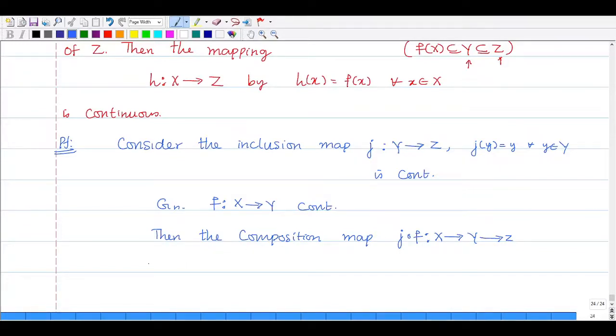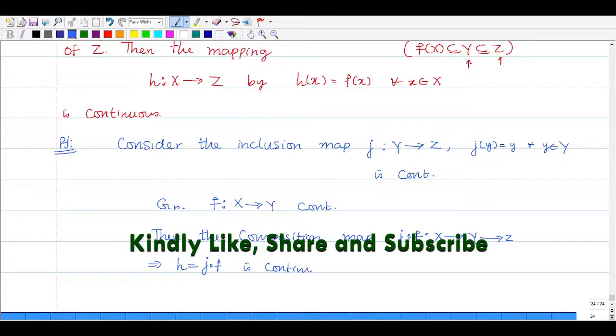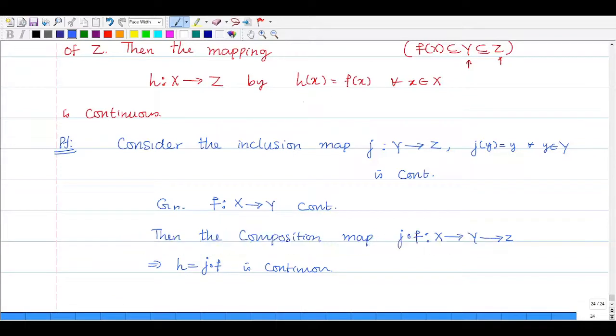Okay, so this is nothing but h. Then this implies that h which is equal to J composition f, okay, is continuous. Okay, yeah, இதுவும் continuous தெரியும், f continuous வரும். Therefore J composition f is continuous. நல்லா பாருங்க, இது பாருங்க. What is this? J composition f of x. This is equal to J of f of x.